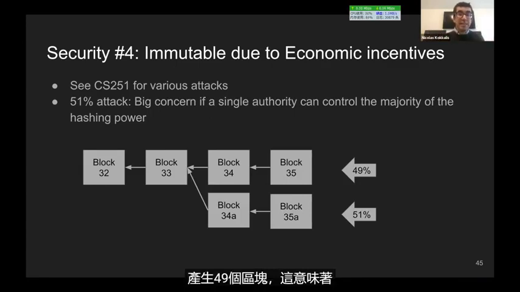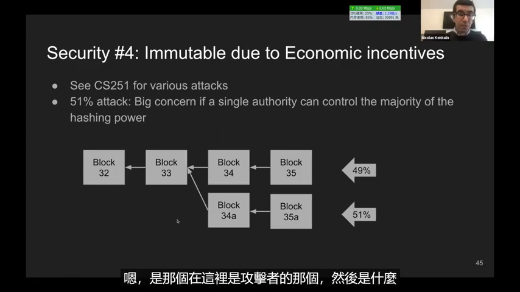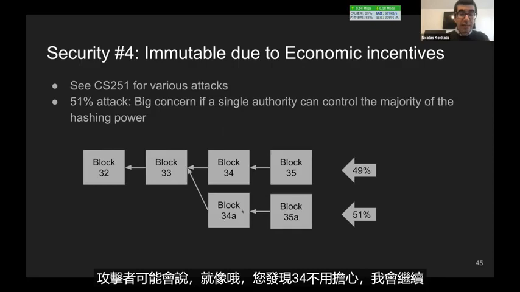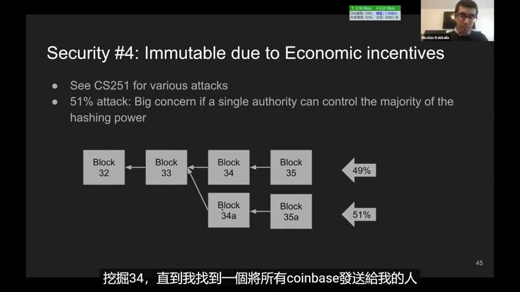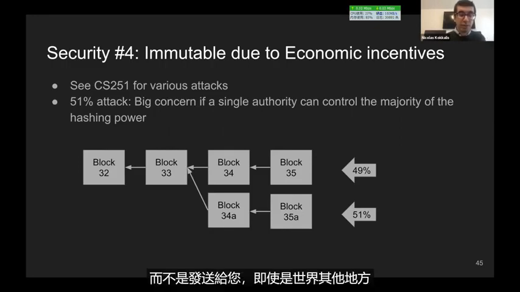That means that this entity could always be ignoring everybody else's blocks. So if there was a block 33 and then someone found 34, and this bottom row is the attacker here. The attacker could say, oh, you found 34, don't worry, I will keep mining 34 until I find one that is sending all the Coinbase to me instead of sending it to you.